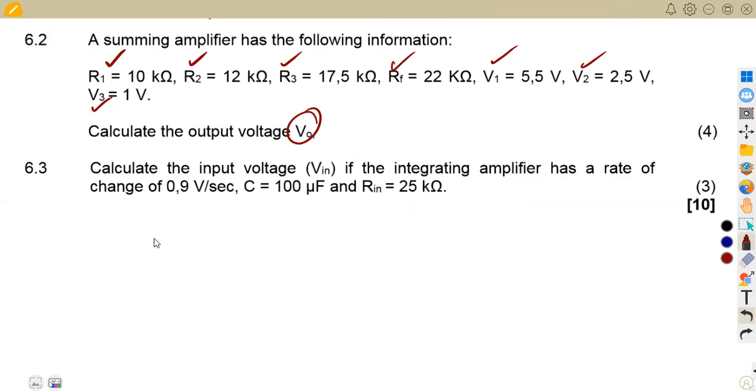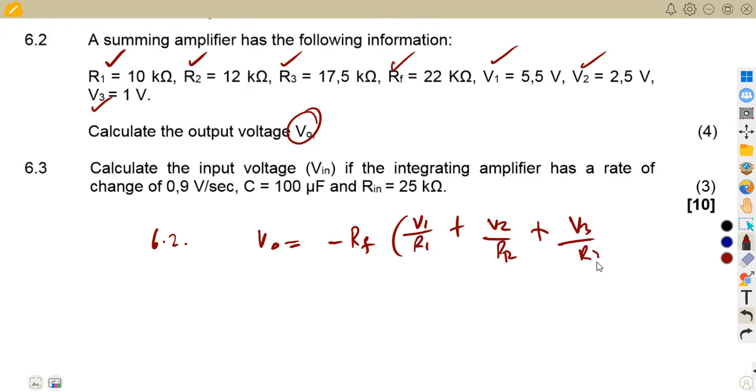Remember, for a summing amplifier, we saw that the voltage at the output is given by minus RF times V1 over R1, plus V2 over R2, up to V3 over R3. It depends on the number of resistor-voltage pairs you are given.